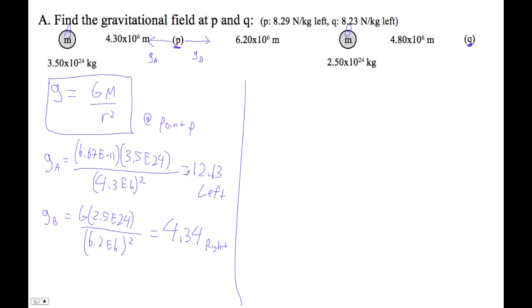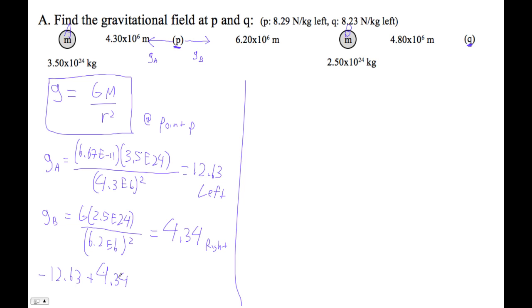Okay, so ultimately adding these up, I'm going to go negative 12.63, because I make everything to the left negative, plus 4.34. I'm actually using the actual number here, and I should be okay, because I've carried extra digits.